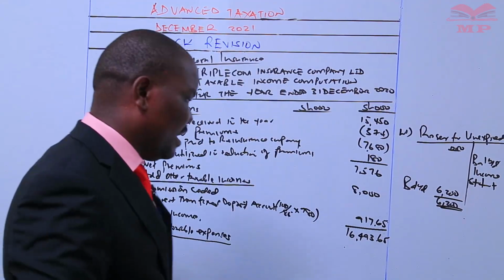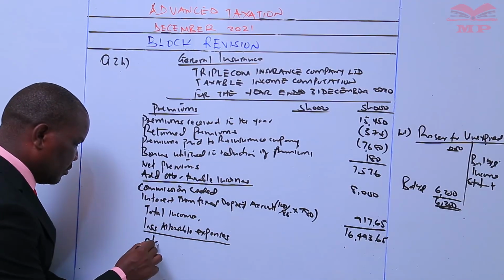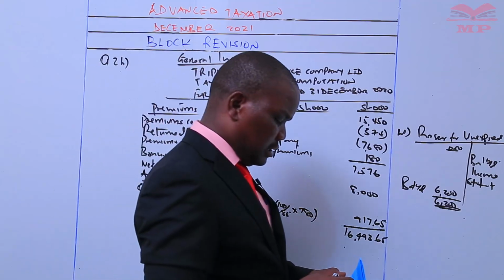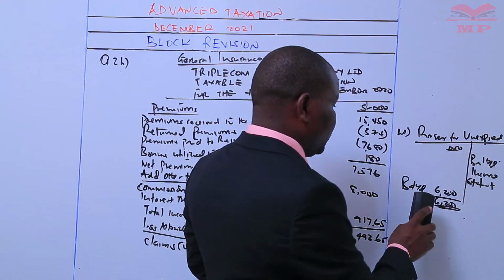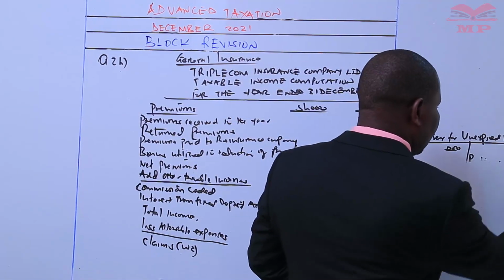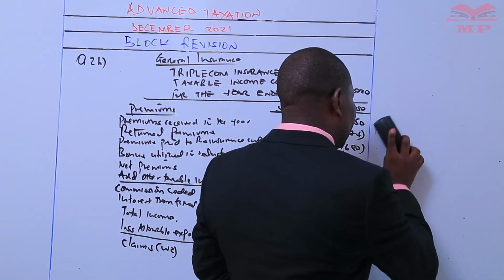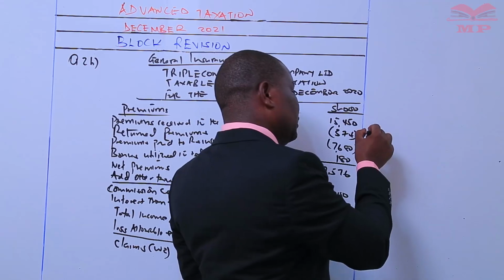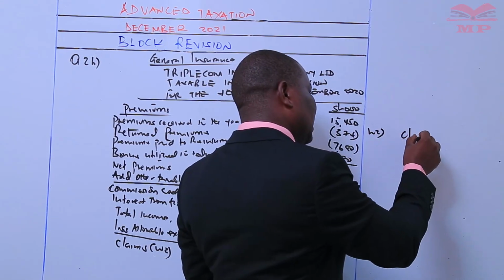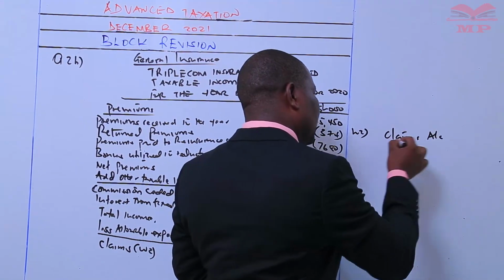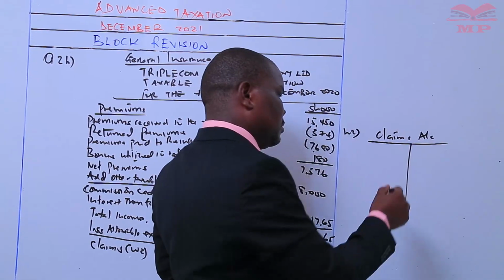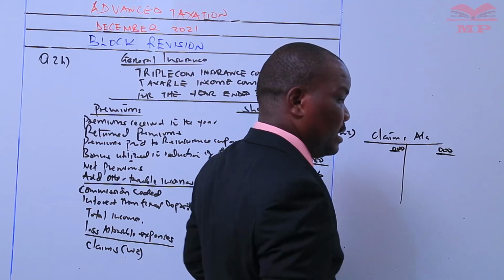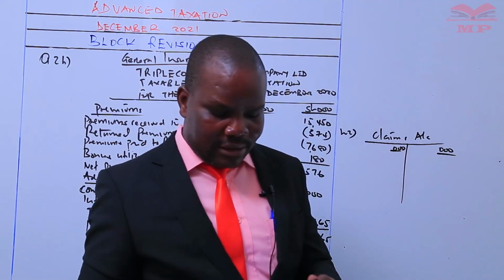So we work out claims. We run a small working 2, where I'm running the claims account. Outstanding claims are liabilities, so the balance brought down is credited.